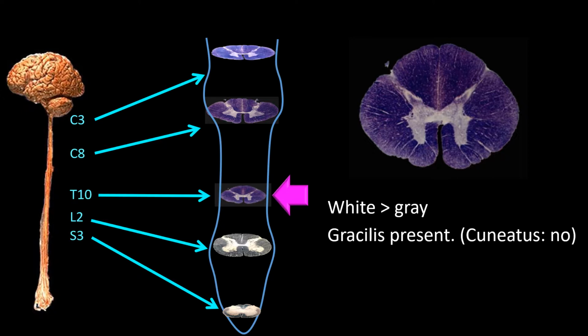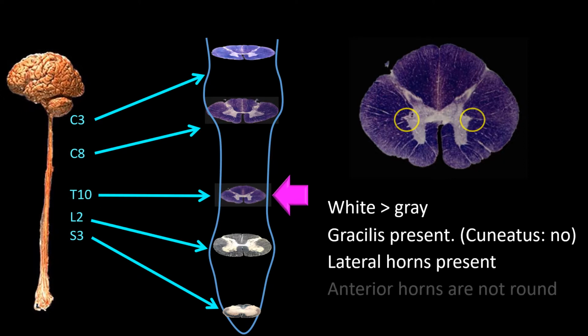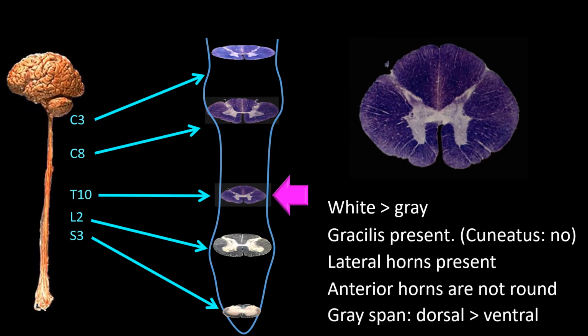Notice that there is no dorsal indentation of the spinal cord. Lateral horns are present. Anterior horns are not round. Dorsal gray span is longer than ventral gray span.